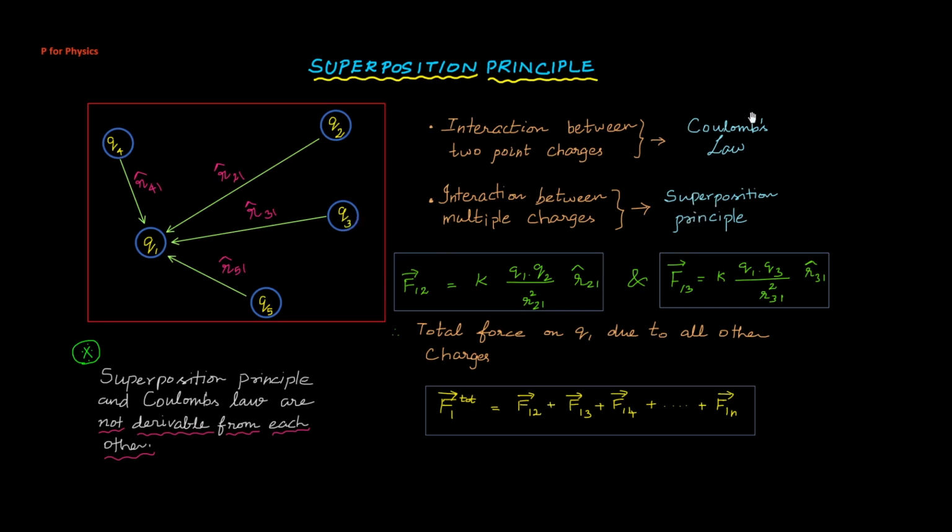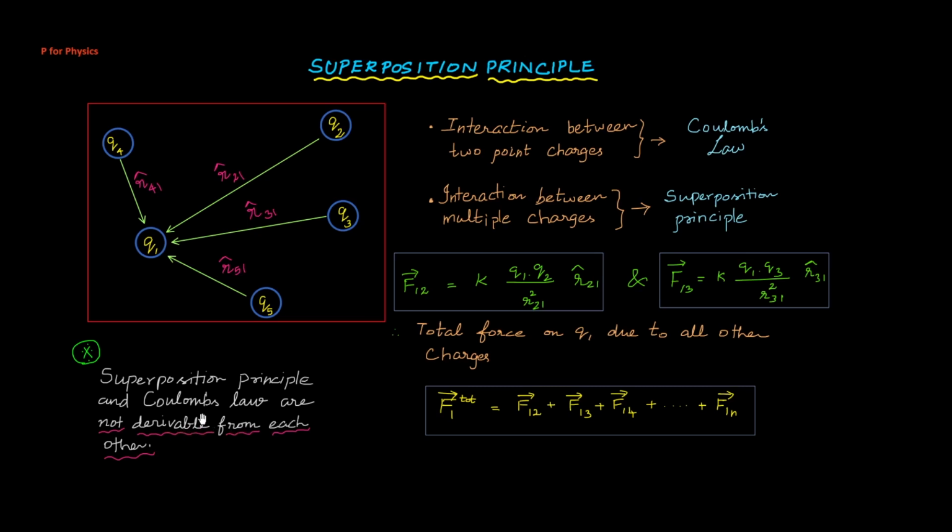So with Coulomb's law and superposition principle, the idea of understanding the electrostatic force between charges becomes more complete, because Coulomb's law has its own limitation and that is overcome by understanding and applying the superposition principle. Though they are very closely related, however, we should remember that the superposition principle and Coulomb's law are not derivable from each other.